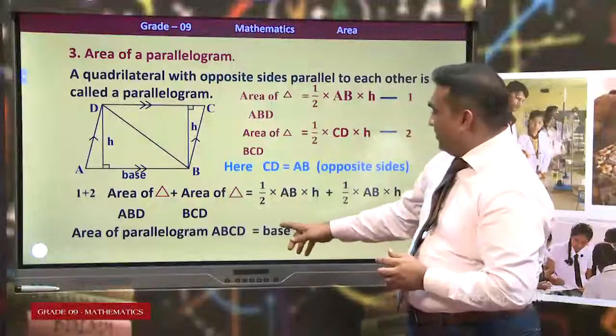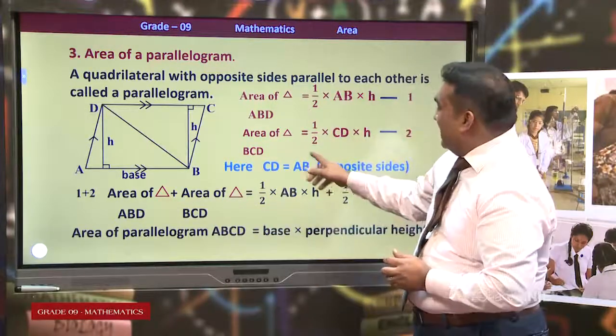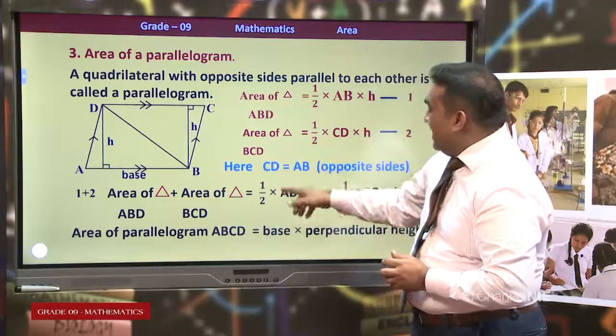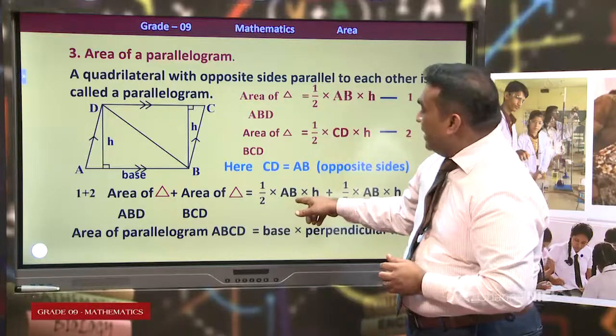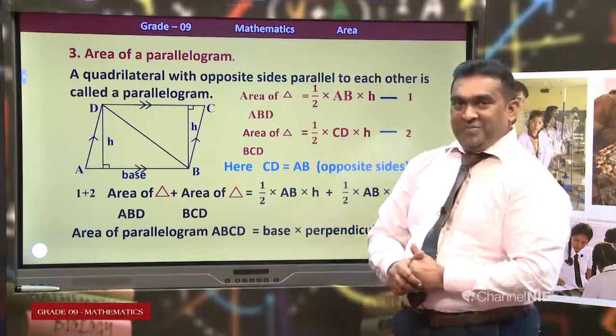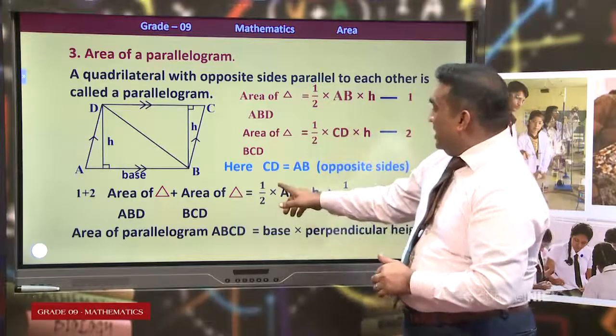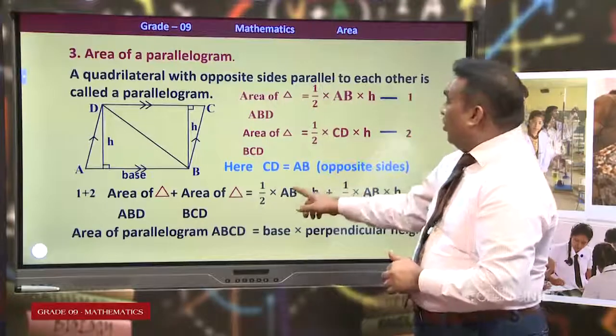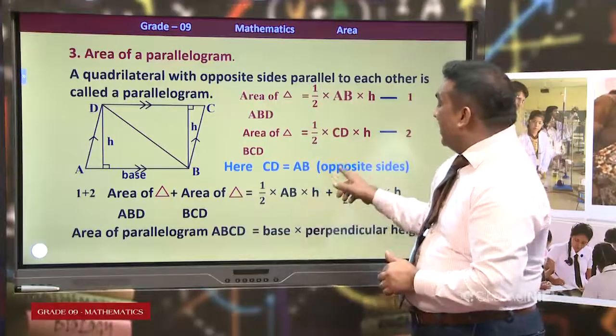Then this is the formula for finding the area of the parallelogram, AB into h. Why is that? Here 2ABh over 2 is AB into h.